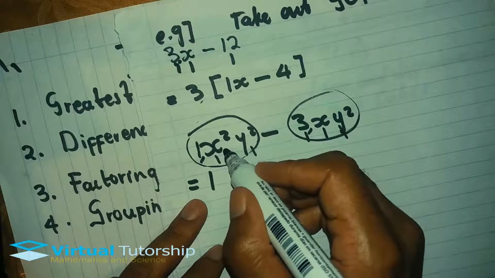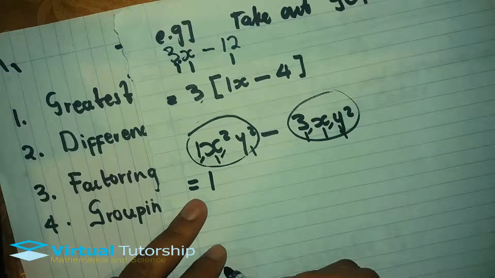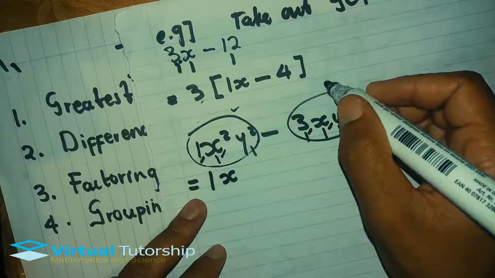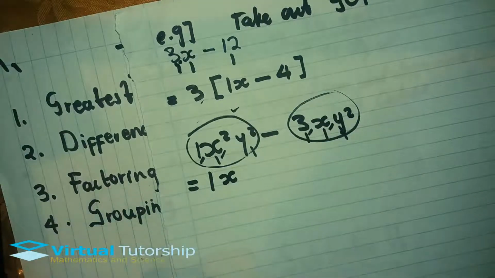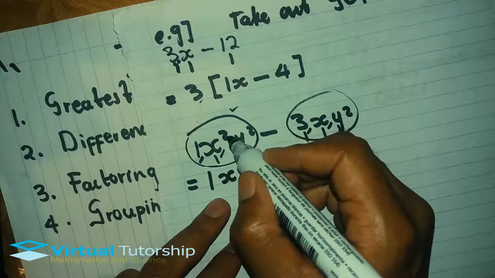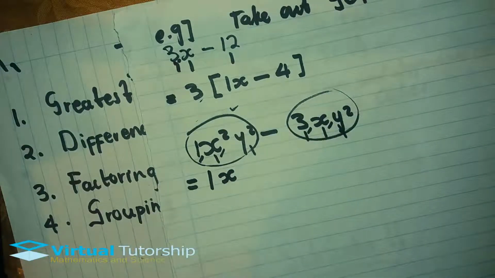Siqale ngo-x, x ku-first term ngiphinde ngibe no-x kulo kanje ku-second term. So u-x wami unjani, u-common ku-first term and second term, so ngimkhipha as what, as i-common factor yami, ne? But check something la, ku-first term x squared, ku-second term x nje kuphela, ne?